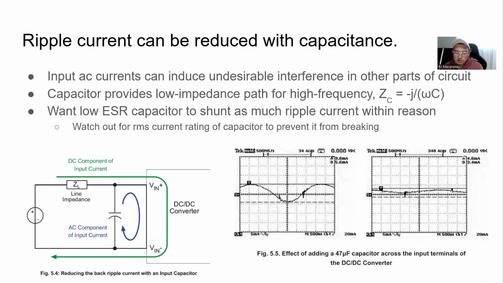But one thing that we always want to make sure is that we're not exceeding the RMS current rating of the capacitor. And so manufacturer data sheets will usually have this listed or have some sort of tool that you can use to figure out how much RMS current at a specific frequency that the capacitor can handle.